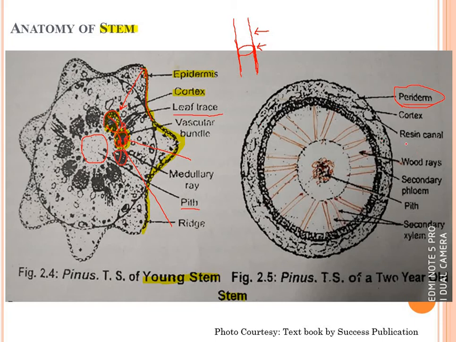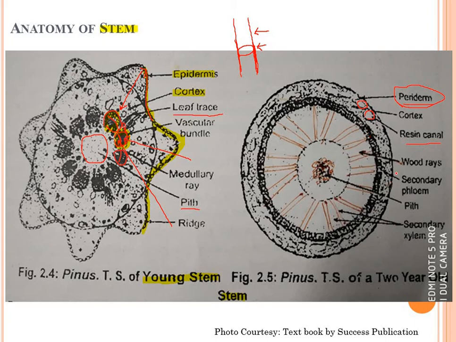Then see, the resin canals are present inside the cortex. These resin canals are responsible for the formation of resin. This is an important feature of gymnosperms. In the gymnosperm stem, root as well as leaves have resin canals, and they secrete some chemicals and are responsible for the formation of resins.